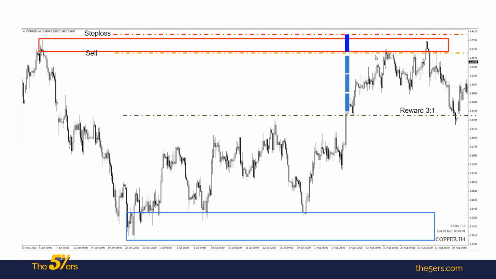When price comes to a price where there were unfilled orders, it will react because these unfilled orders are now adding up to more sellers that join this price level. So that will give us high odds.